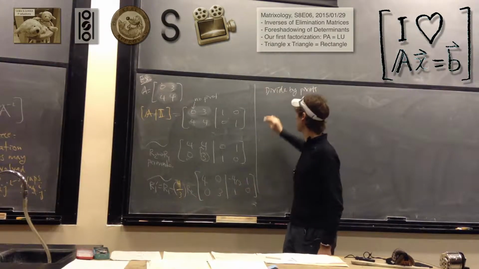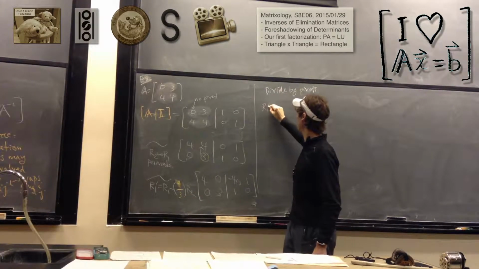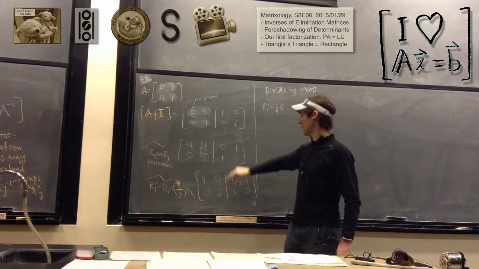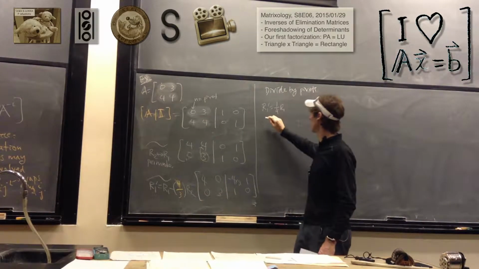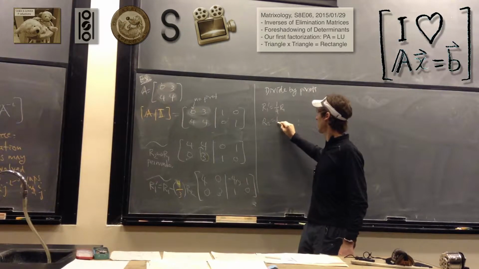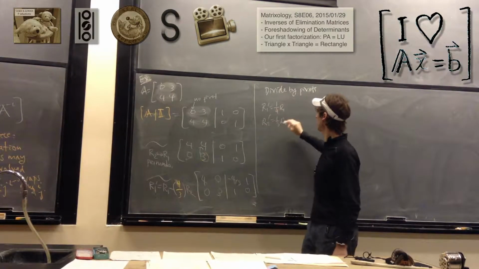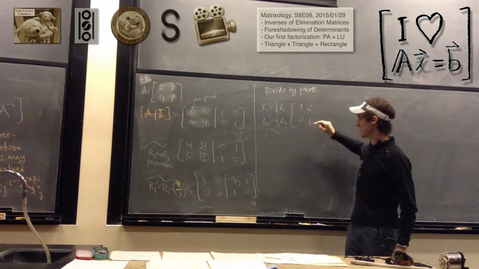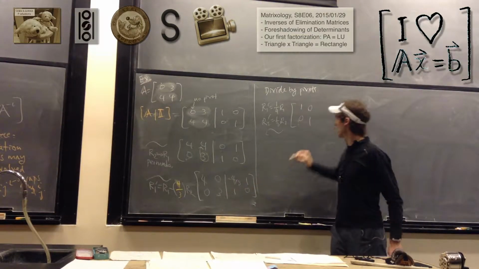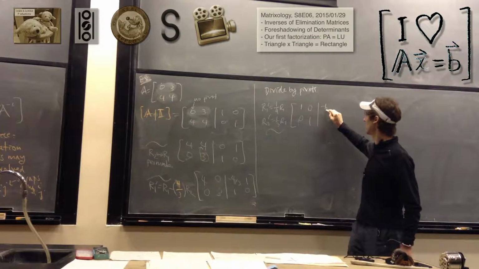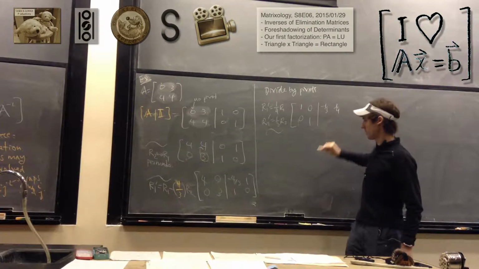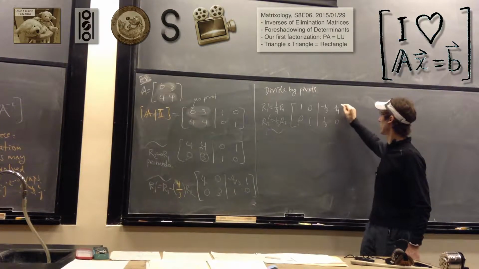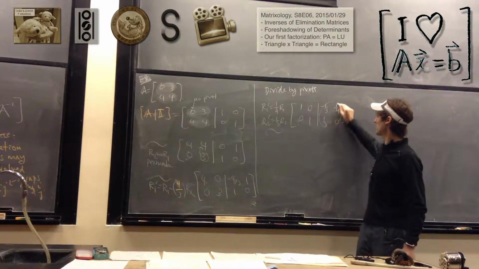So the last thing would be row 1 prime equals 1/4 of row 1, and row 2 is 1/3 of row 2 prime. So we end up with 1, 0, 0, 1. Divide through here, so we get minus 1/3, 1/4, dividing through by 1/3 here, and a 0. So this is A to the minus 1.